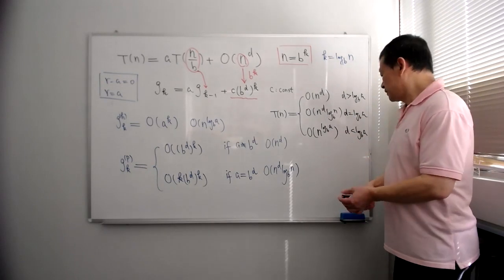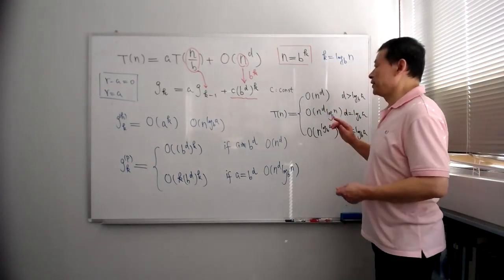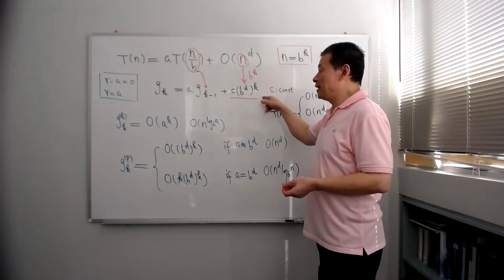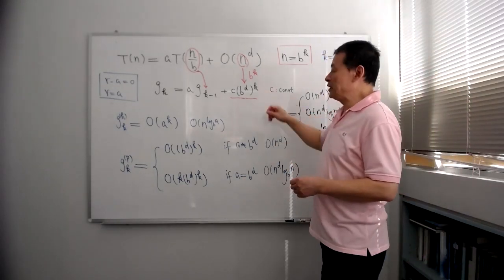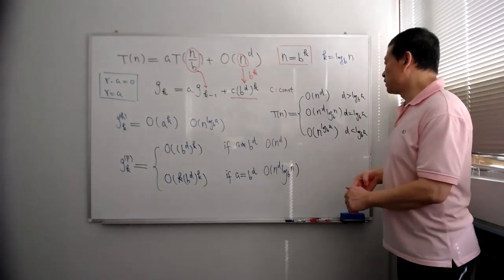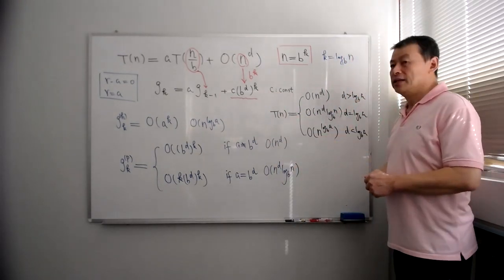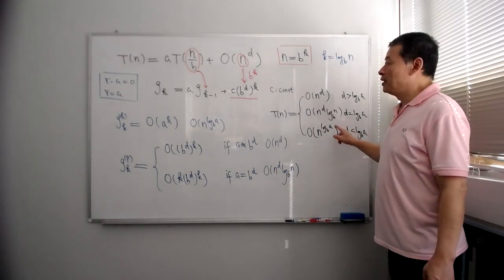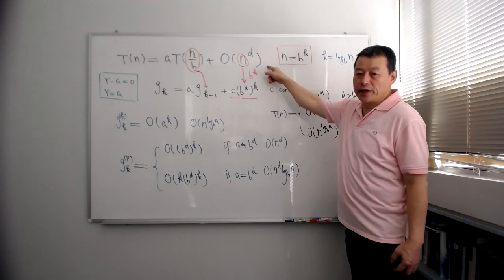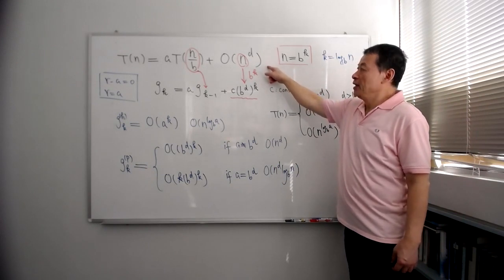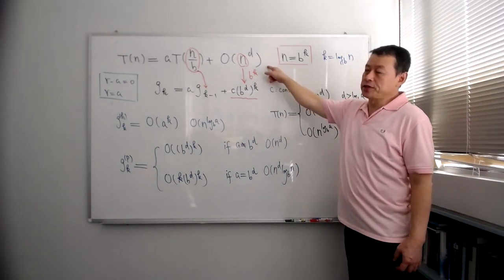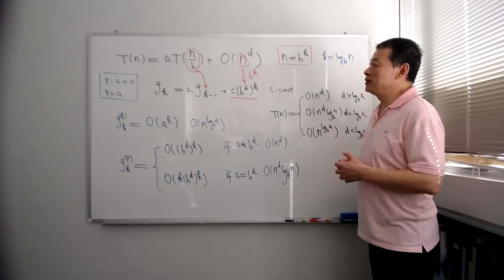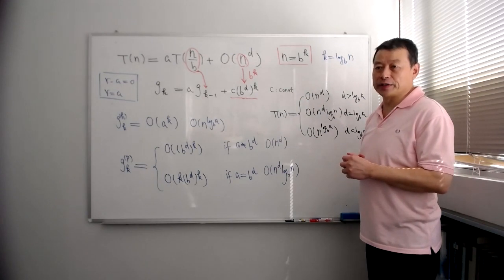Therefore we have solved this recurrence relation. We transformed it into a non-homogeneous linear recurrence relation, then solved that, and obtained the solution for T(n). This solution is very important and very useful when we study algorithms, in particular divide and conquer algorithms, when we need to analyze the running time of algorithms.